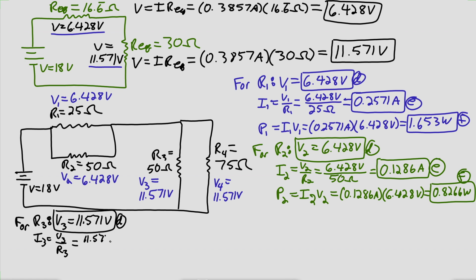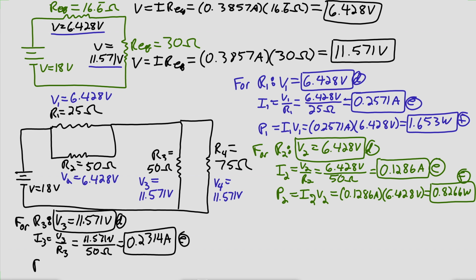So 11.571 volts over R3's 50 ohms. That's going to give us 0.2314 amps. This is an answer for E.